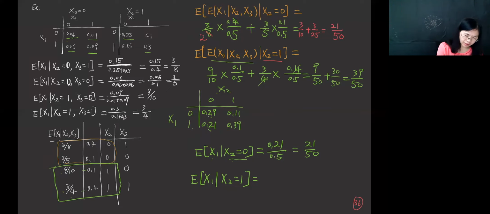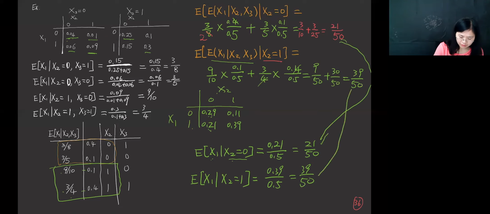Okay, so you get 0.39 divided by 0.5 is 39 divided by 50. So as you can see, the left-hand side and the right-hand side are equal for the law of conditional iterated expectation, or law of iterated conditional expectation.